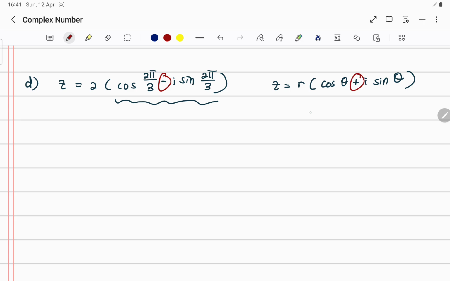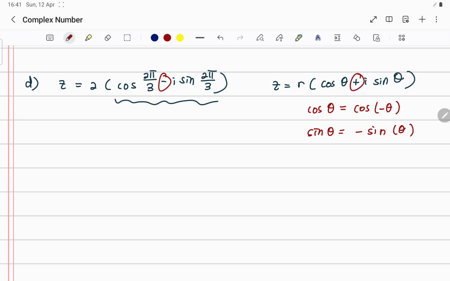First of all, you have to know that cos theta is actually equal to cos negative theta as well. If you have sine theta, it is similar to negative sine of negative theta.